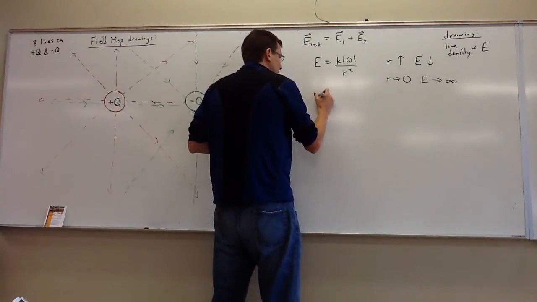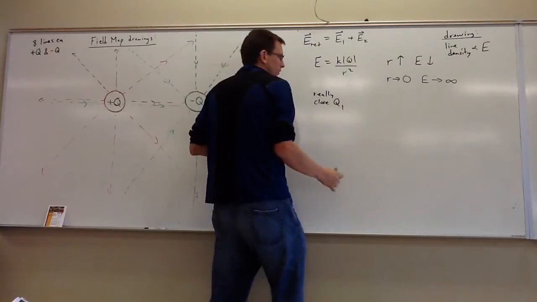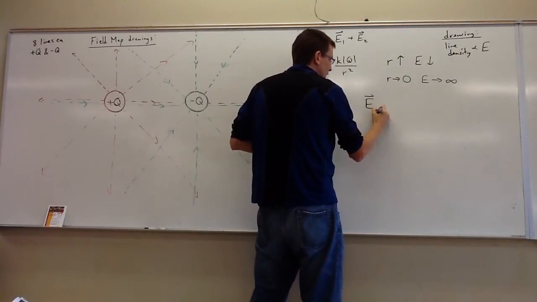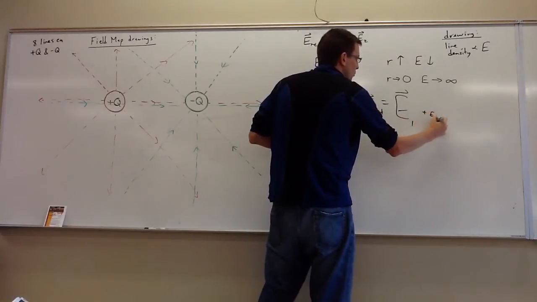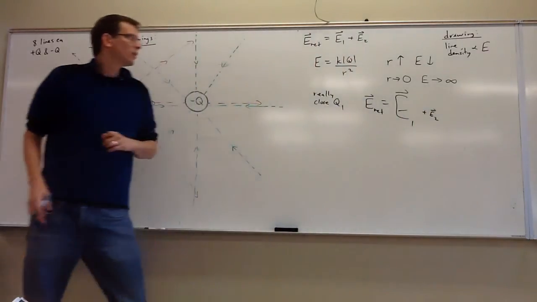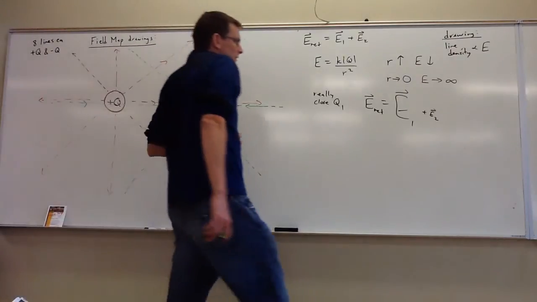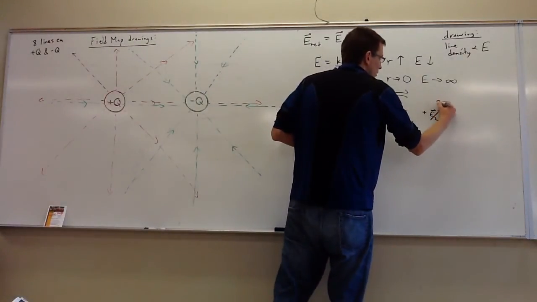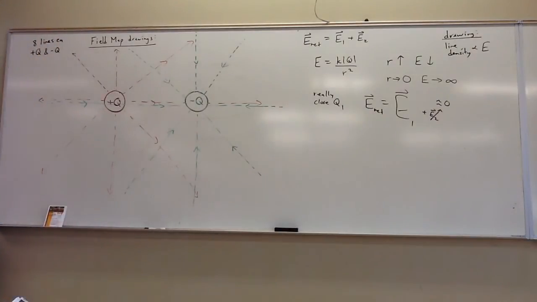So here's what we have. If we are really close to, say, charge 1, then the net electric field kind of looks like this. When you're right next to charge 1, that's really the only thing that matters, right? So we can completely assume that the other charge starts to not really matter.